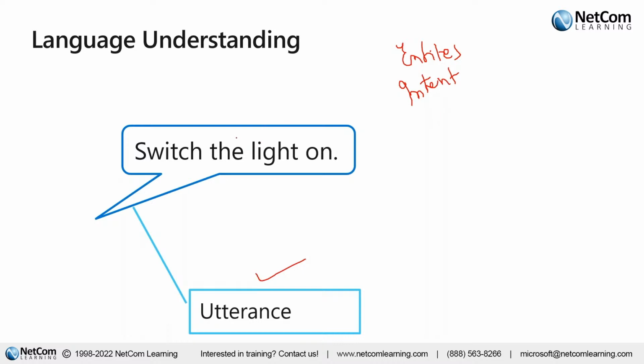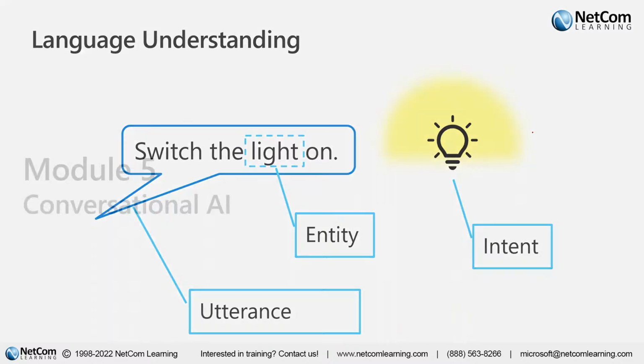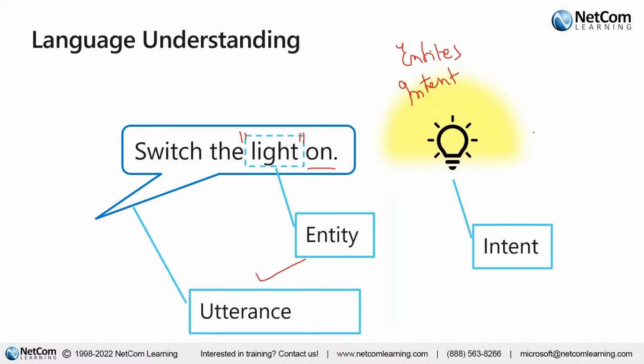From the line switch the light on, the light is the entity, and the intent is on. That's how you will be able to get a response from the virtual agent, from the bot. Some more examples: when you say hi, hello, good morning, in those cases there's no entity, but there is an intent, that is greeting. Then you get a reply back saying good morning or something like that.